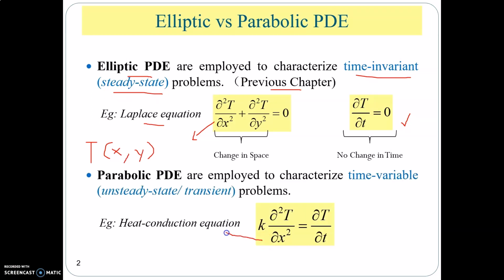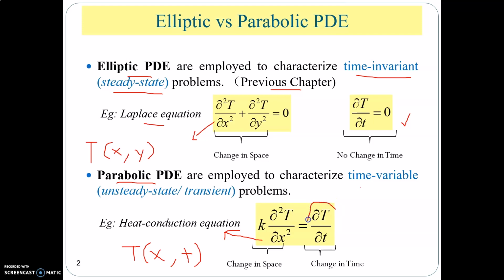problem. This is the heat conduction equation, which is a parabolic PDE, where you can see we are going to find the T, which is the temperature, at the location X at a particular moment t.